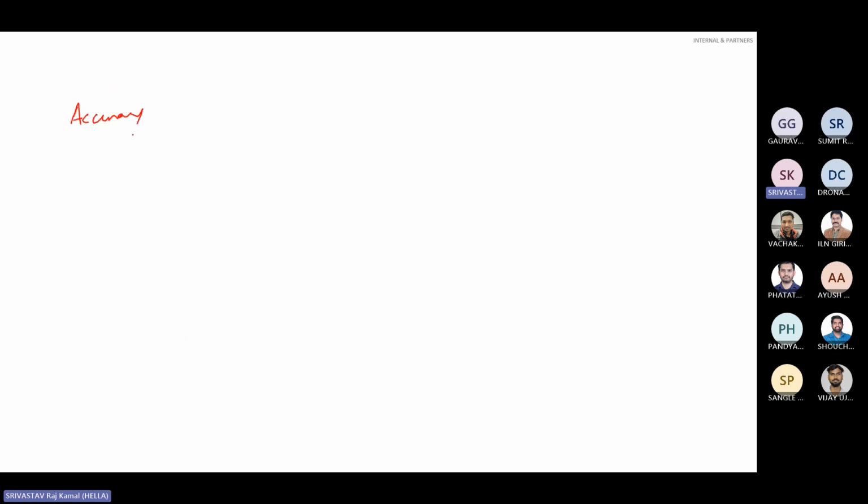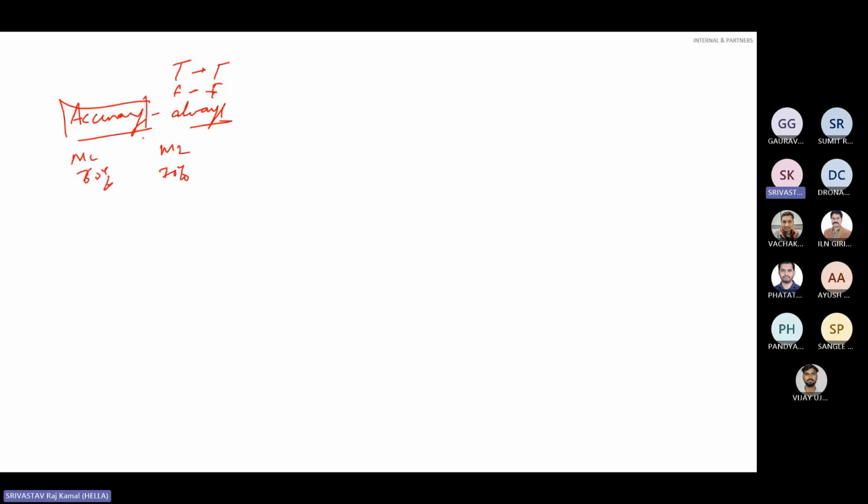Can we rely on accuracy always? Initially it looks like yes, because we are matching true with true, false with false. So what else do we want? But there could be some scenarios where accuracy by itself is not sufficient. If someone has any idea, they can quickly share and we discuss that.